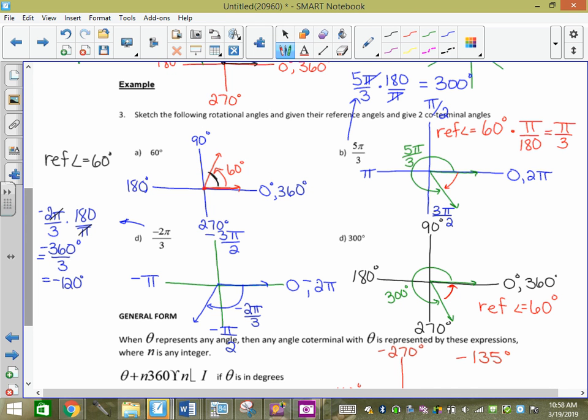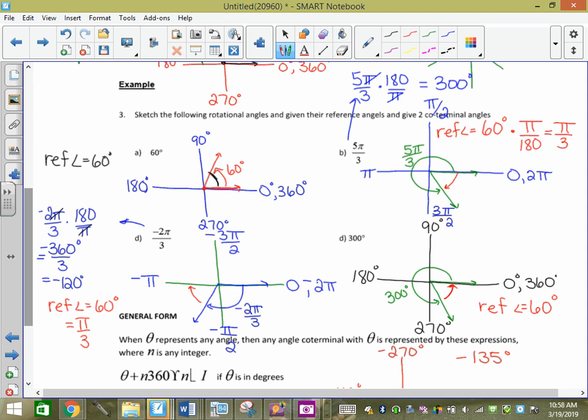This one is how far away from the x-axis? I was at 120. So how far away am I from 180? 60. Can I put 60 degrees? No, I have to go reference angle is pi over 3.